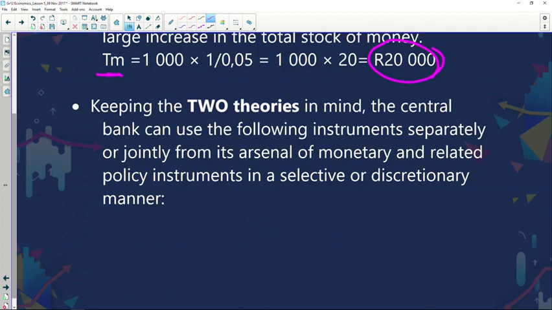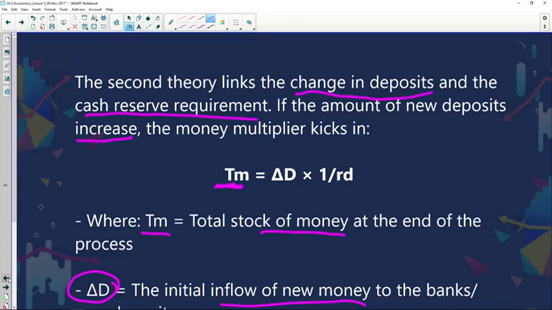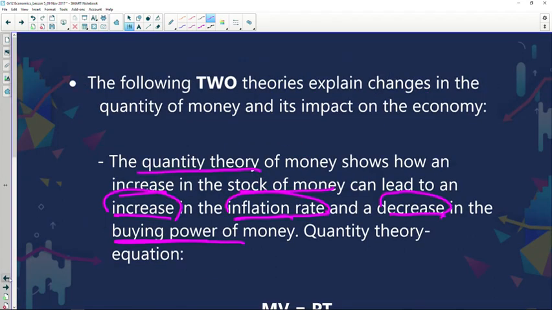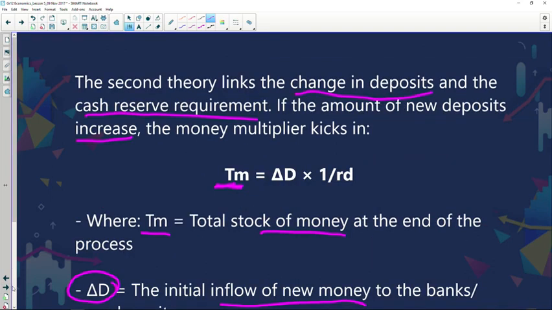Let's go back to our first one, the quantity theory of money flow, which shows how an increase in stock of money can lead to an increase in inflation. And then our second one, which links the change in deposits and the cash reserve requirement. So if the amount of new deposits increases, then the money multiplier kicks into the system.